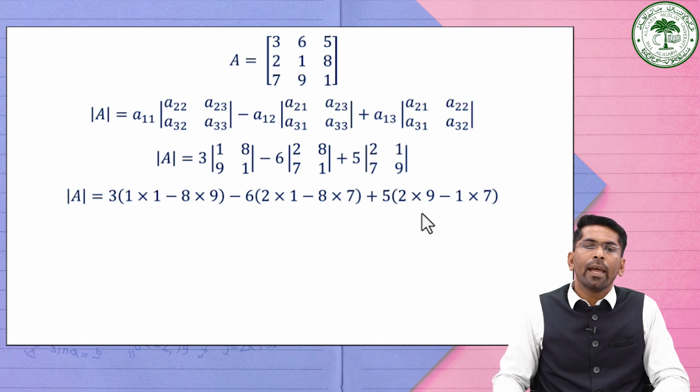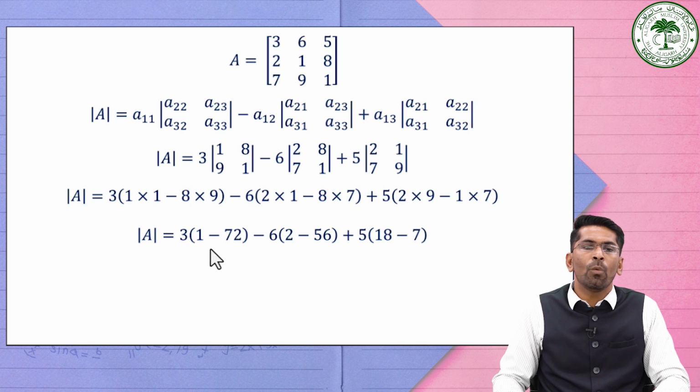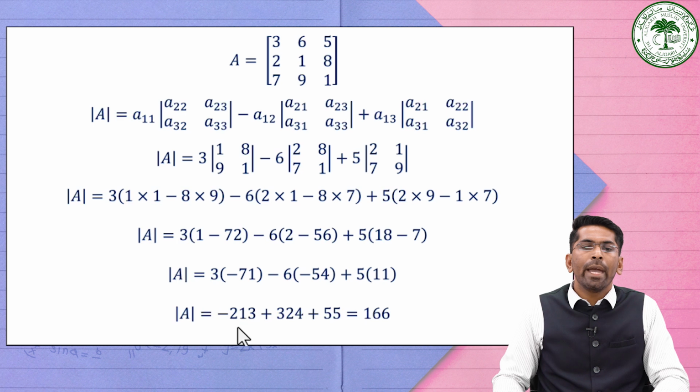Simplifying, 3 into (1 minus 72) gives minus 213, minus 6 into (2 minus 56) gives plus 324, plus 5 into (18 minus 7) gives 55. So it is equal to 166. The determinant value here is 166.